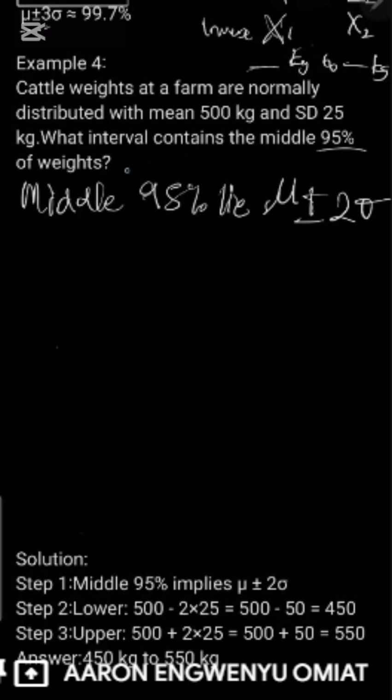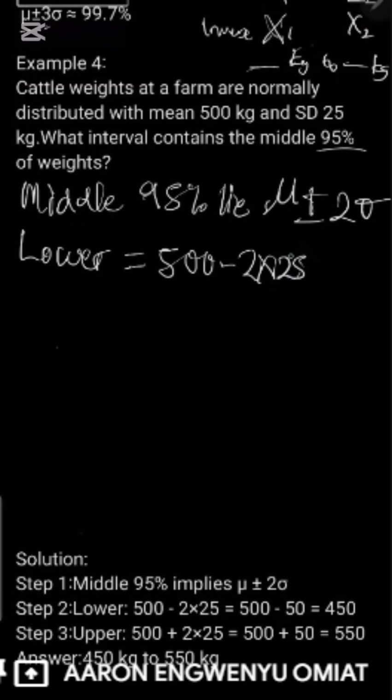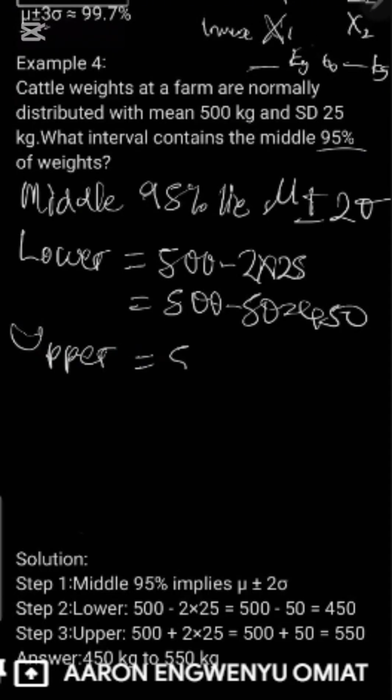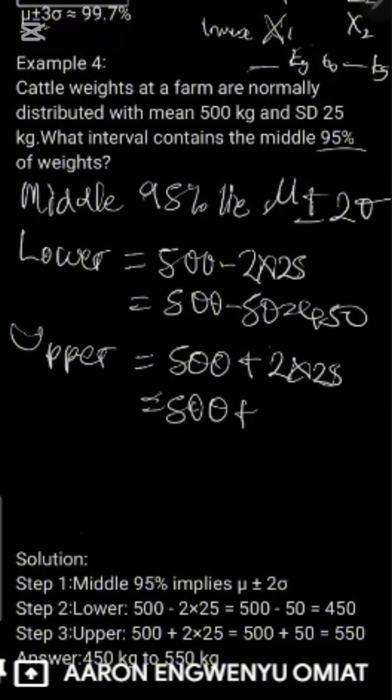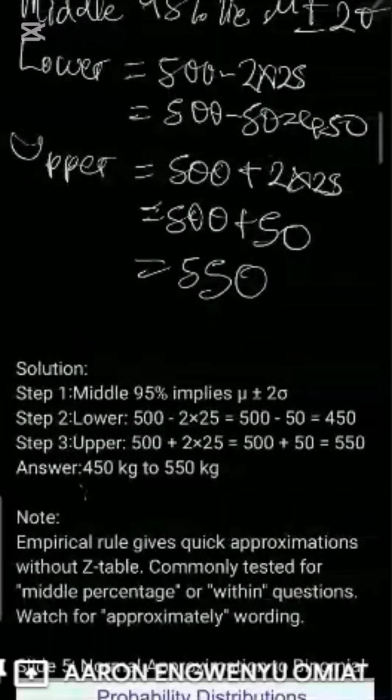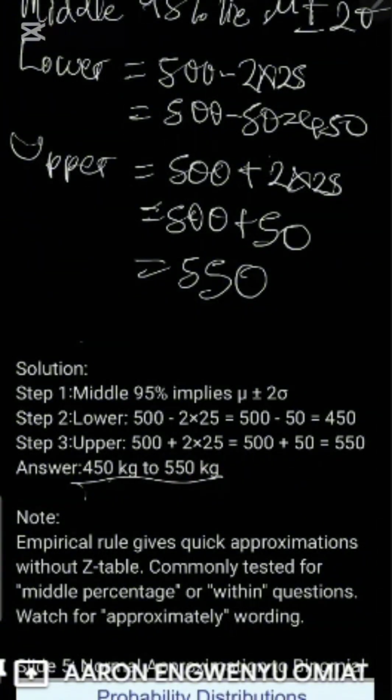The lower will be 500 minus 2 times 25, which is 500 minus 50, which is 450. The upper would be 500 plus 2 times 25, which is 500 plus 50, which is 550. So our answer would be 450 to 550 kilograms.